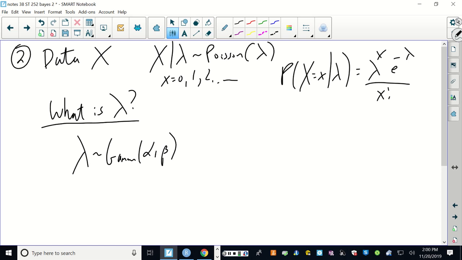Lambda is restricted just to be a positive number, so a prior for lambda should put support on the positive real numbers. It'd be possible to do a uniform, not from 0 to infinity, because that doesn't integrate to 1, that's infinite. You could put something on, say, 0 to 1 million.